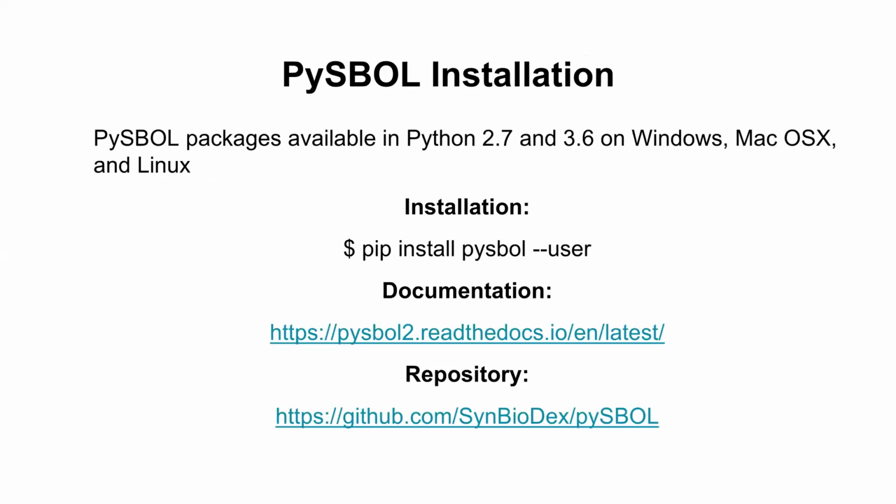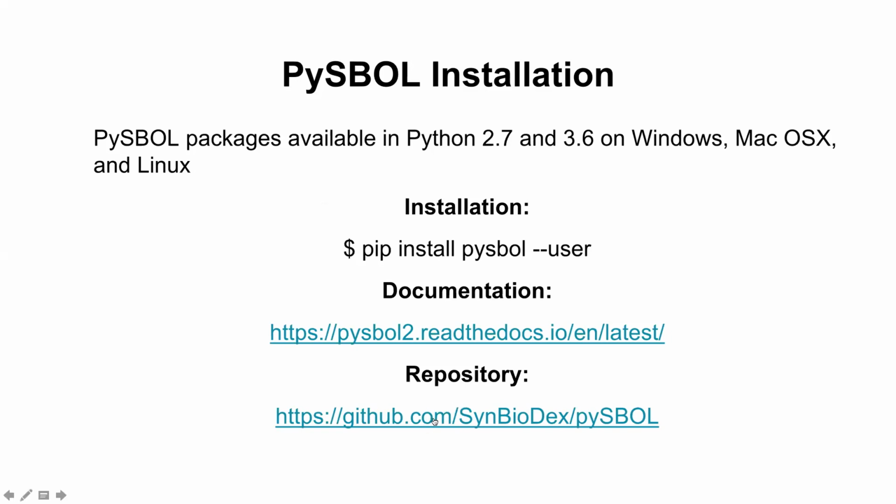You can install it just using the pip installer. There are wheels available for Python 2.7, Python 3.6, and now Python 3.7. Do a pip install. If you're on a Mac and you want the Python 3 version, do a pip3 install.